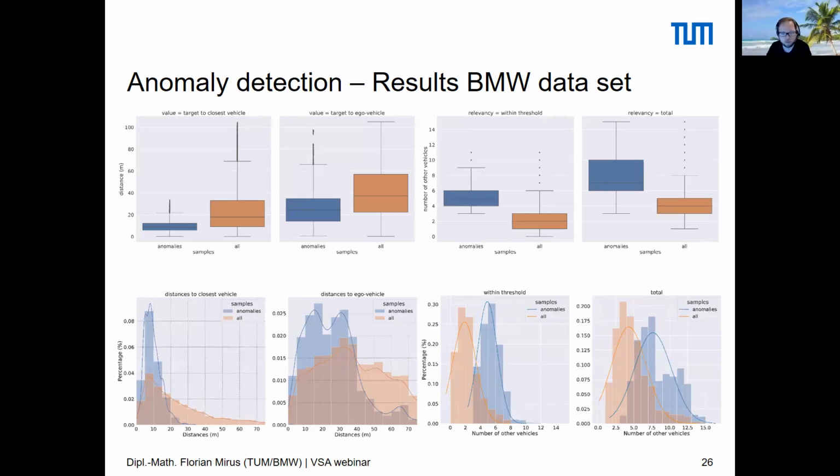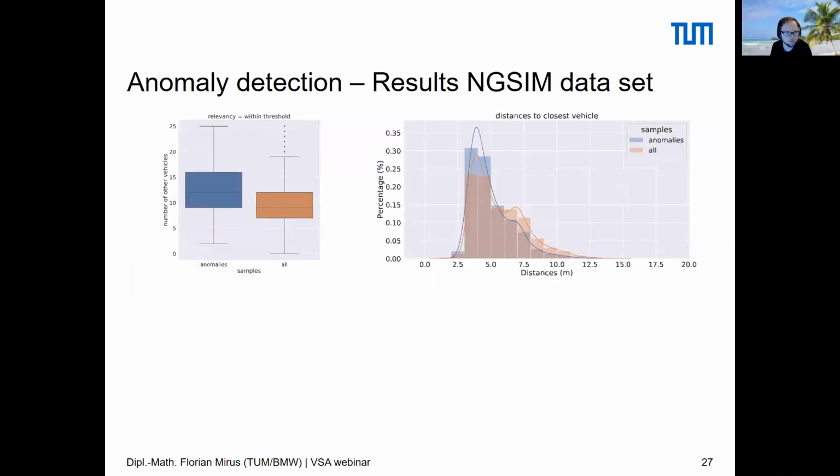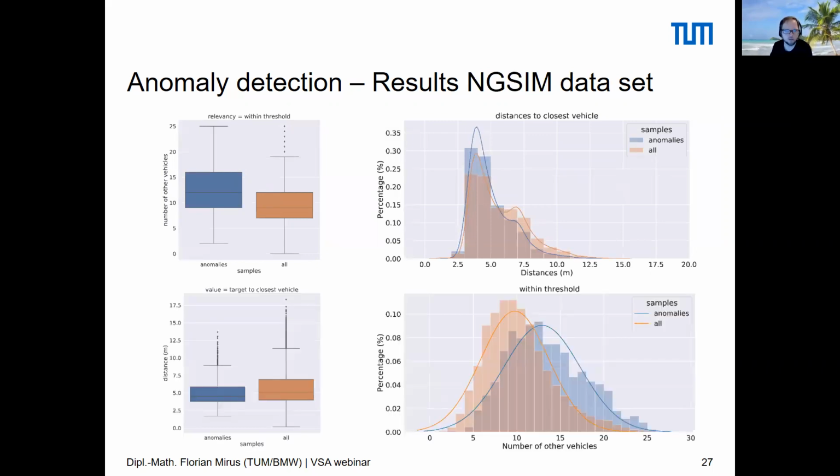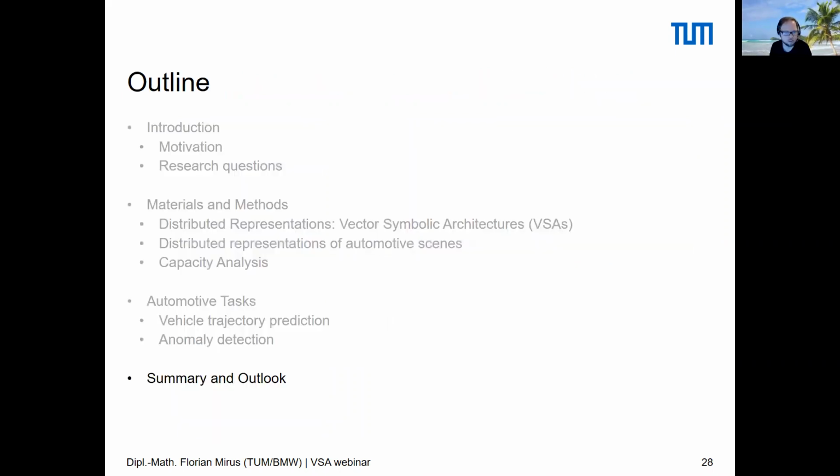And similarly for the number of vehicles, again, the anomalies tend to be scenes with a large number of vehicles. These are the results for the BMW data set. For the NGSIM data set, the differences are not that clear, but they are still visible.